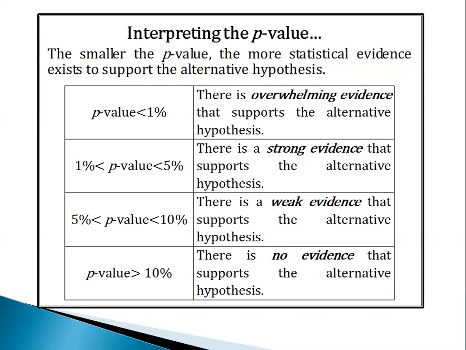If it is between 5% and 10%, there is weak evidence that supports the alternative hypothesis. If it is greater than 10%, there is no evidence that supports the alternative hypothesis. So these p-values give you an idea whether to go with the alternative hypothesis or not.